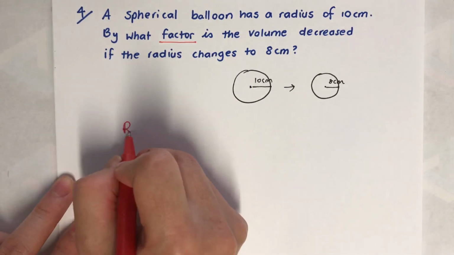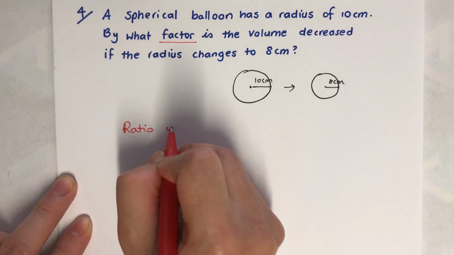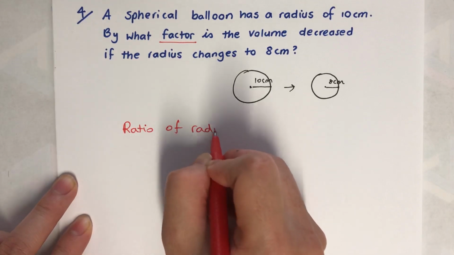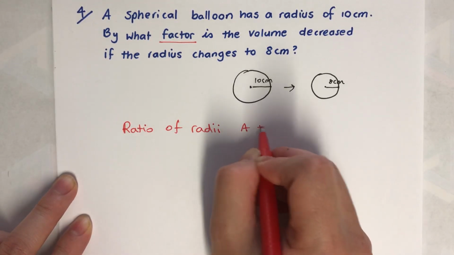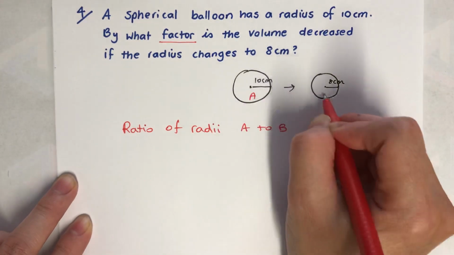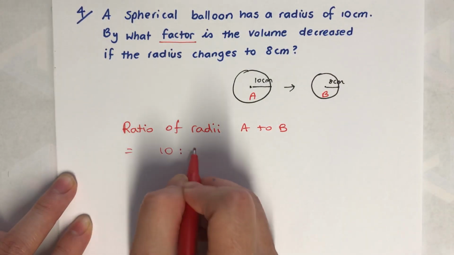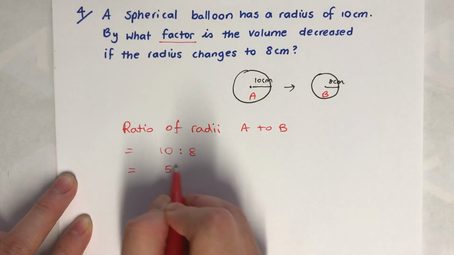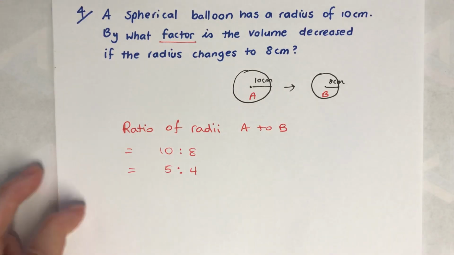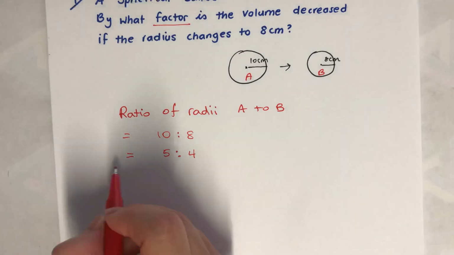So the ratio of radii, A to B. I'm going to call this one A and this one B. That will be 10 to 8, which is 5 to 4, just halving them.